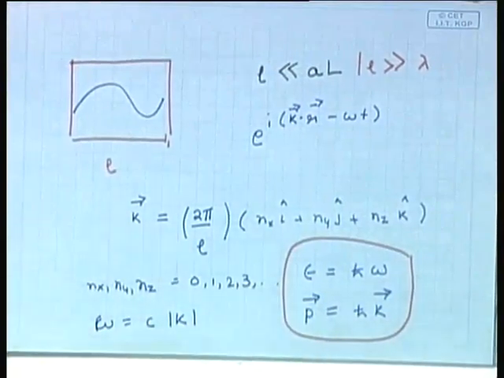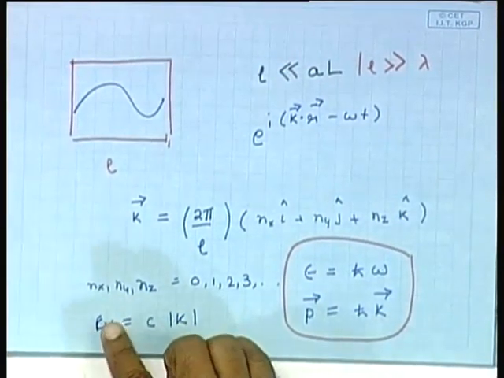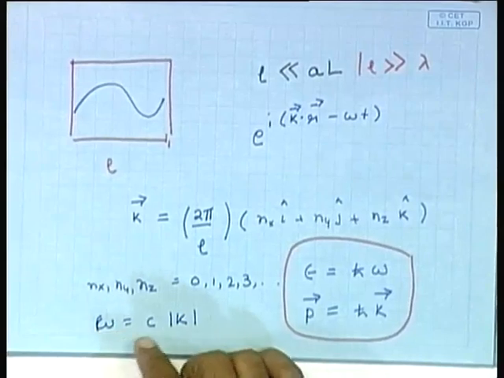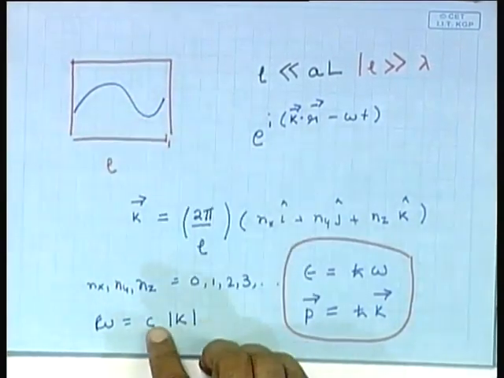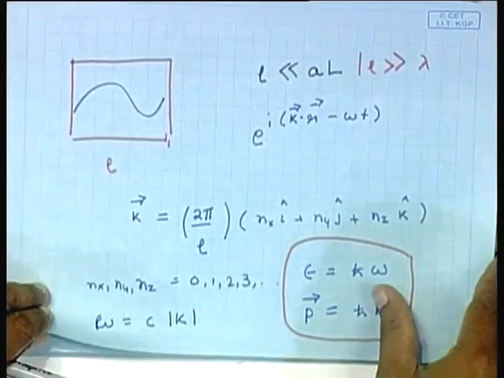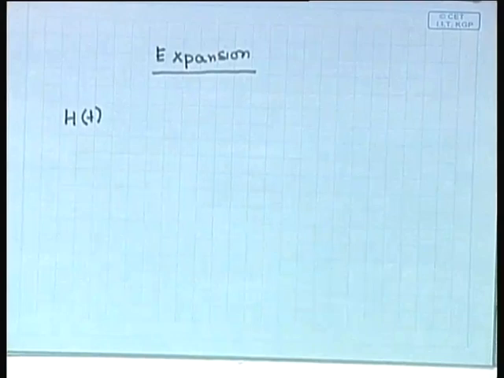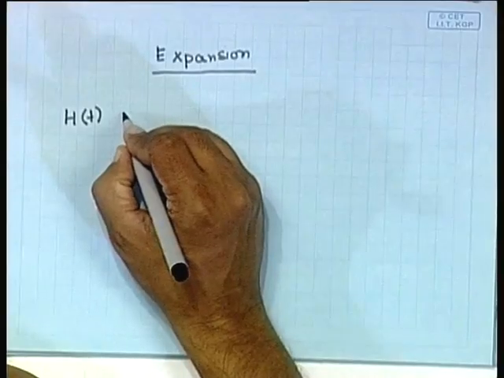Each of these modes will have some frequency of oscillation, which is omega, and that is related to the wave number through the speed of light c. So, we assume that the expansion is much slower than the frequency of oscillation of these modes, right.